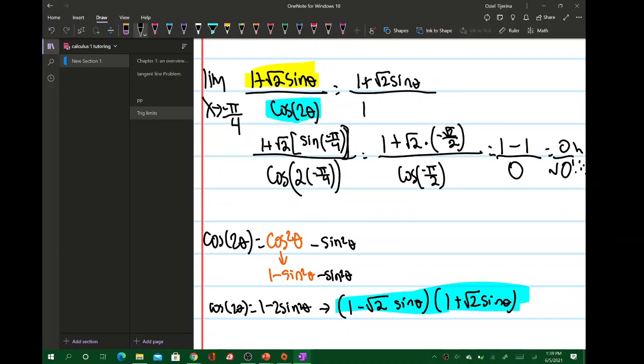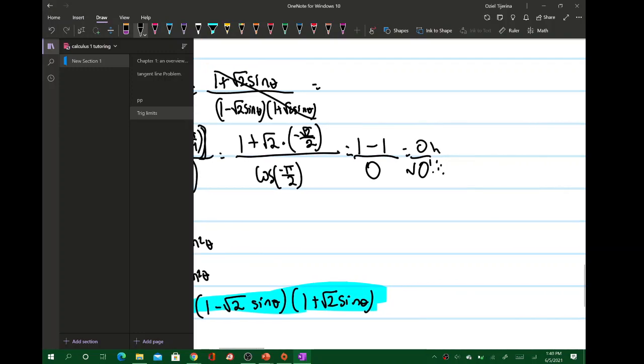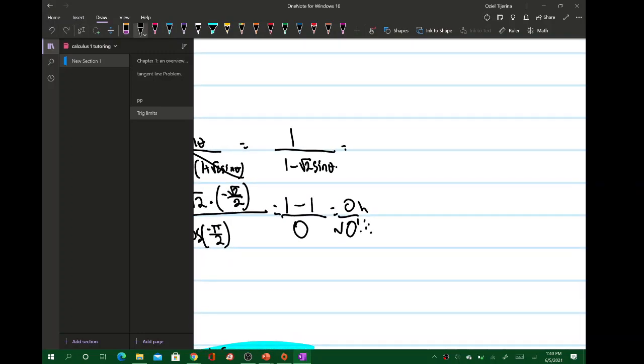This cancels out, so then you have 1 over 1 minus square root of 2 sine theta.